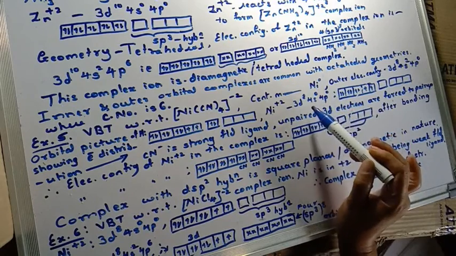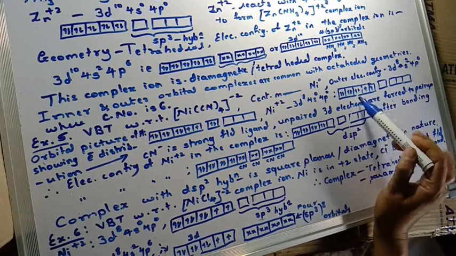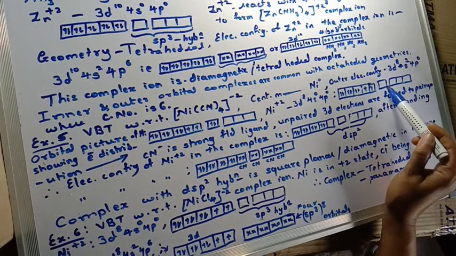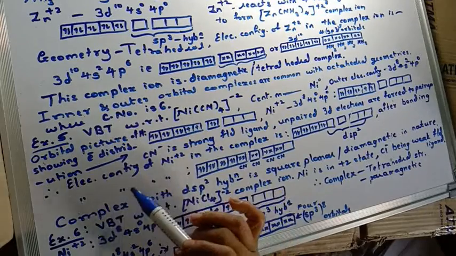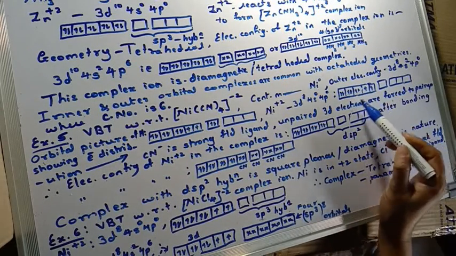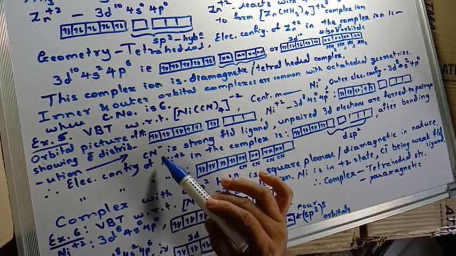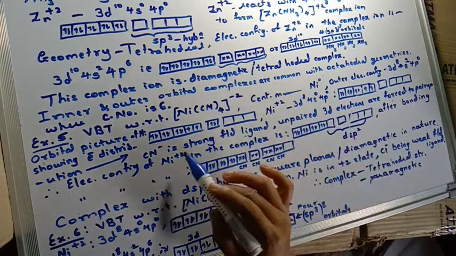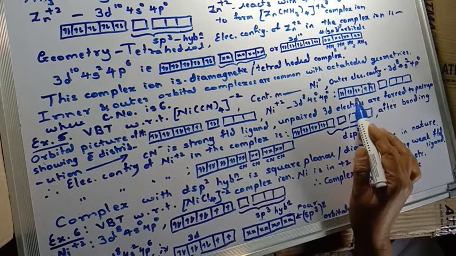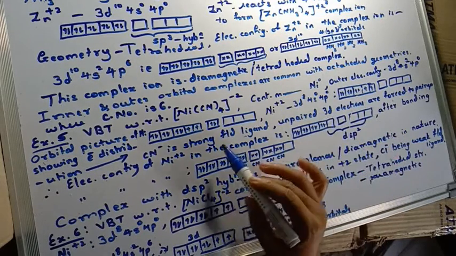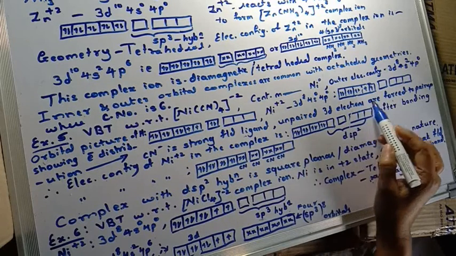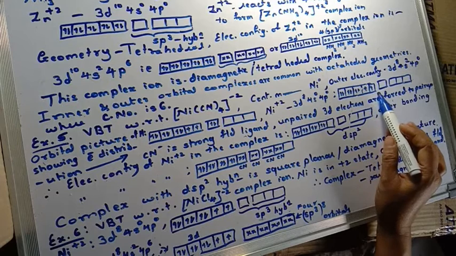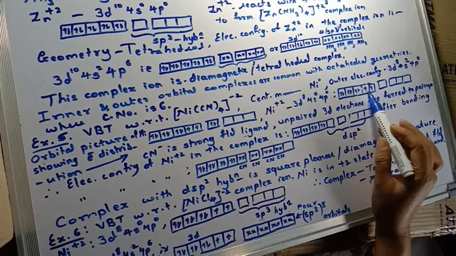Now the electron distribution in the orbital picture is 3d8 4s0 4p0. For the hybridization, the approaching ligand is the cyanide ion, and it is a strong field ligand. When the electrons of the ligand interact with the electrons of the metal ion, being a strong field it forces the unpaired electrons present in the 3d orbitals of the metal ion to pair up, thereby making one 3d orbital empty.